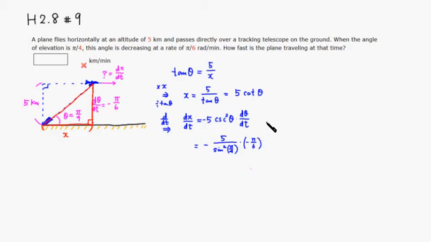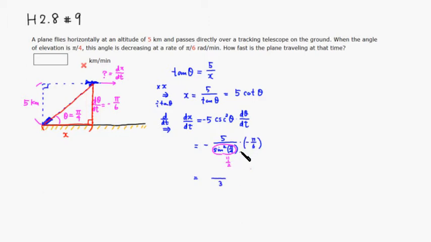Let's simplify. Sine of pi over 4 is 1 over square root of 2, squared, so this is 1/2. Then 6 times 1/2 gives us 3 on the bottom.